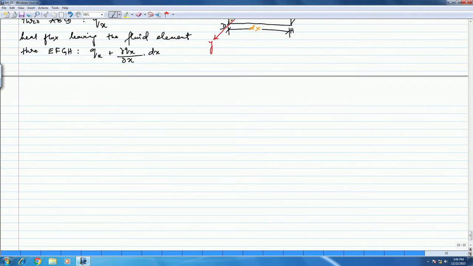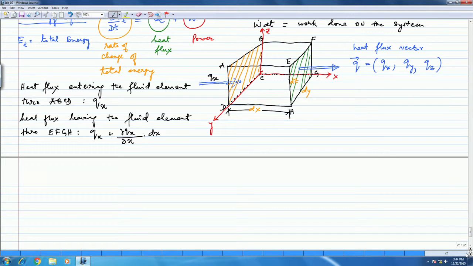So having done that, therefore net heat flux, which is supplied to the fluid element. So what enters is Qx and what exits is this, right.